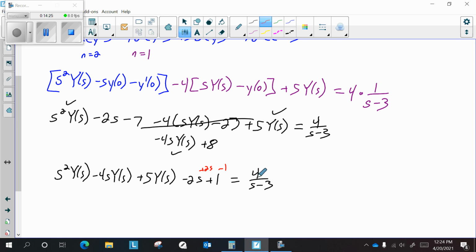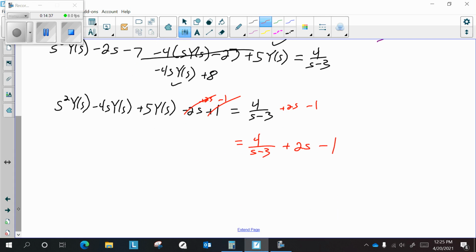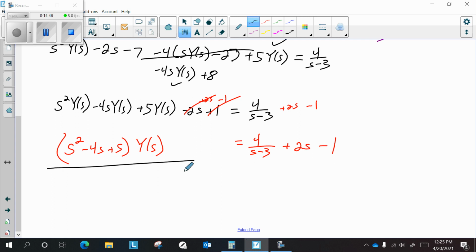So add 2s to both sides and subtract 1 from both sides. So those will cancel, and that's going to leave us 4 over s minus 3 plus 2s minus 1 on the right. On the other side, we have s squared minus 4s plus 5 all being multiplied times Y of s. So to get Y of s, we can divide both sides by that parenthesis.